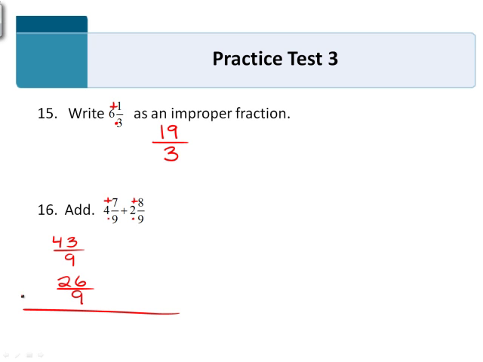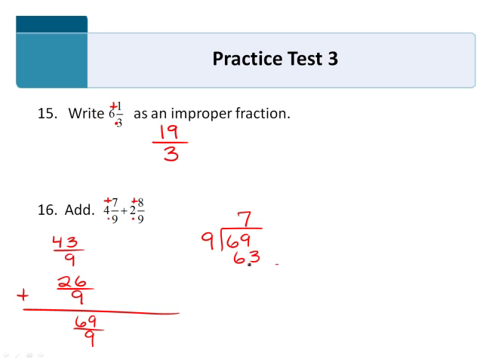Now, the nice thing, we have common denominators there. So I can add 43 plus 26, and that gives me 69 over 9. Anytime you're dealing with mixed numbers, you probably want to go ahead and write your answer as a mixed number. So we're going to take 69 divided by 9. That'll go 7 times.